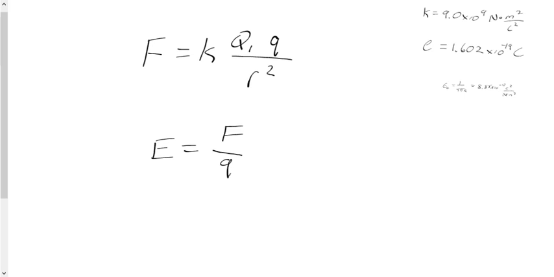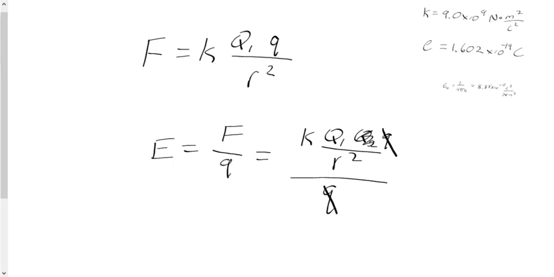So it's basically a test charge, which means that the force is equal to K times Q1, Q2 over R squared, all over the little q, the test charge. But remember, if this is the same thing as little q, those cancel. So that means that the electric field is actually equal to K times Q1 over R squared. So the second Q essentially cancels out.